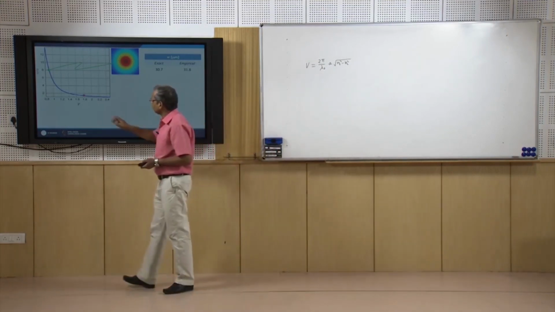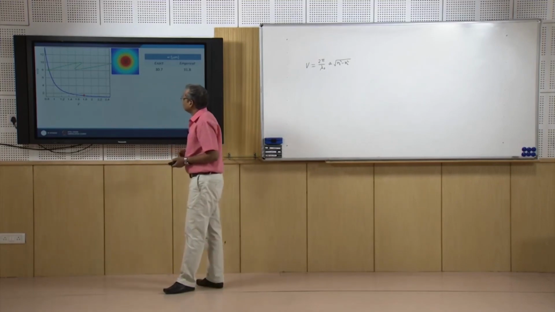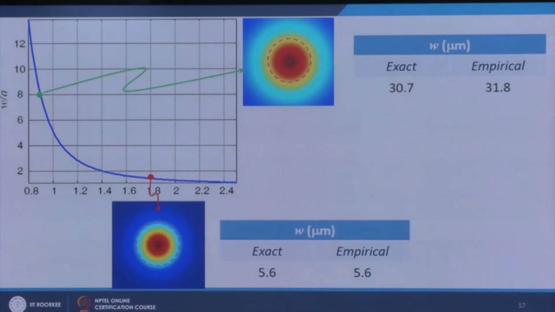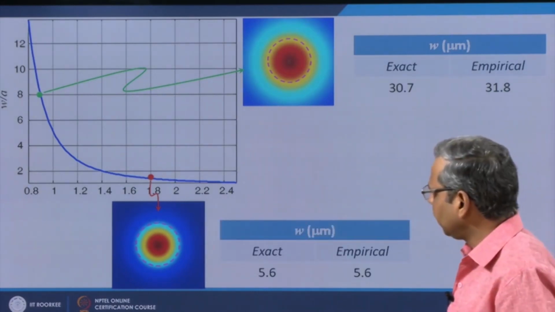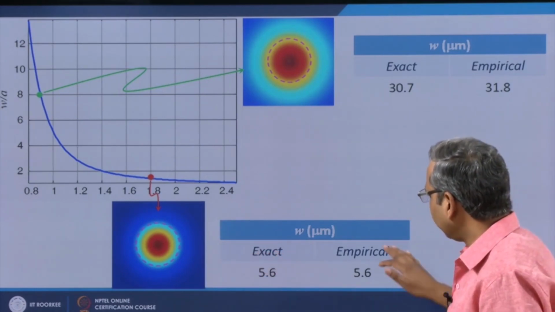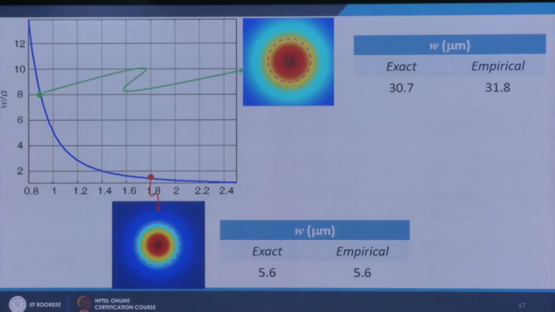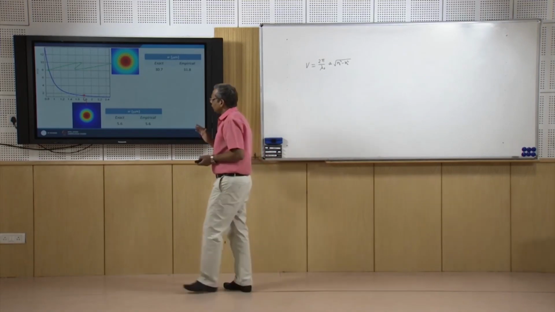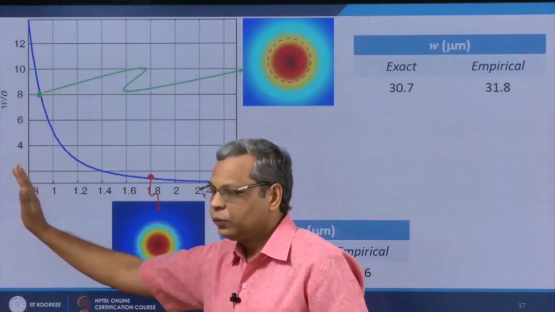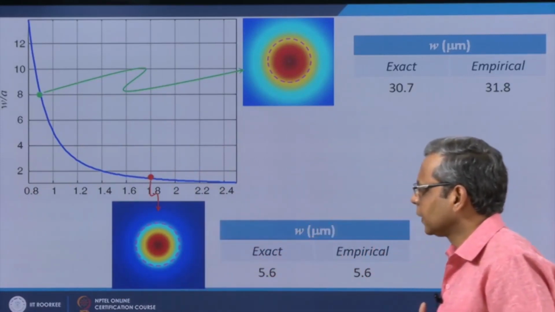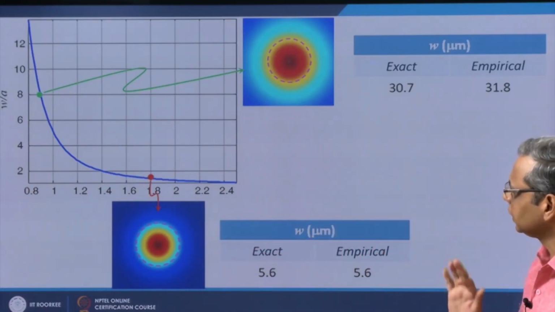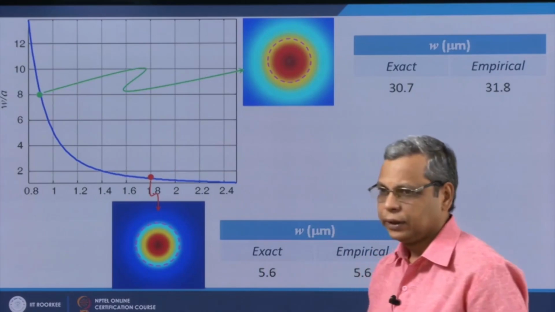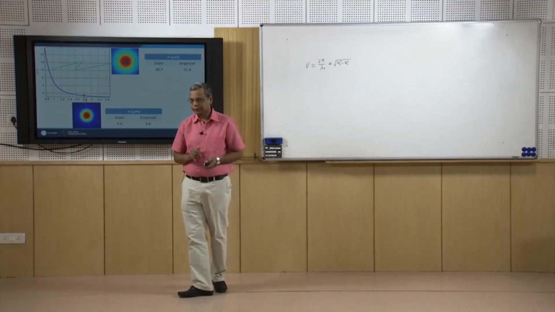I take another representative point at V is equal to 1.8. Here, this is the modal field, and the values of W obtained from the exact and empirical formulas are almost the same; they are in good agreement. So for smaller values of V there is some discrepancy, but this empirical formula works very well towards higher values of V.